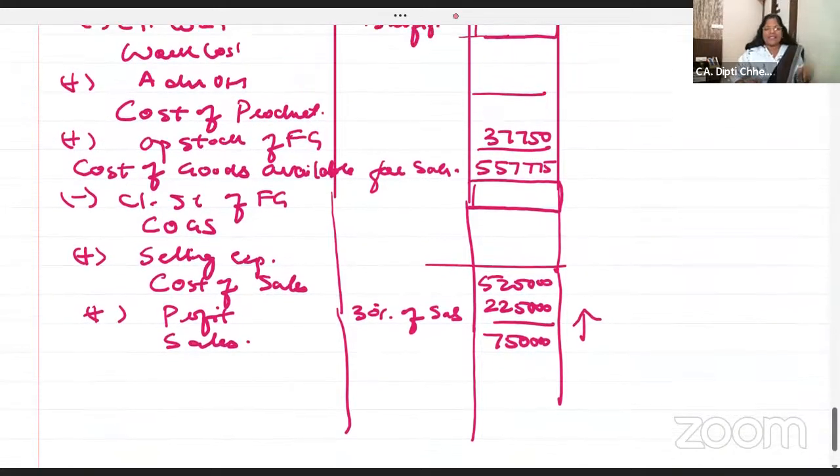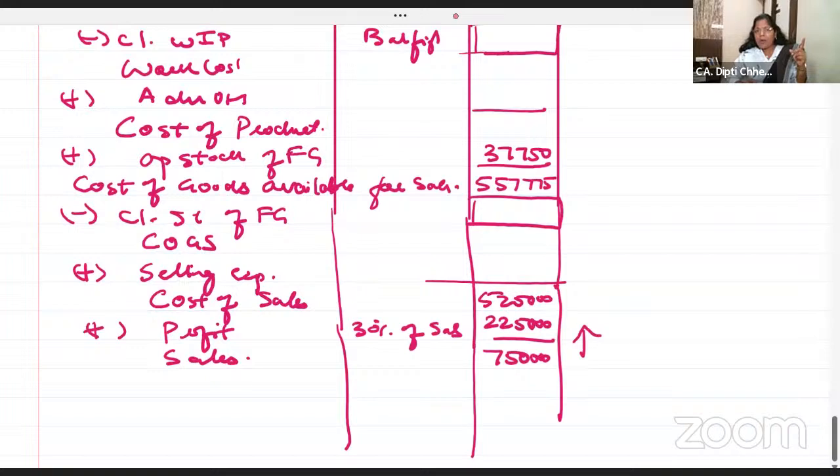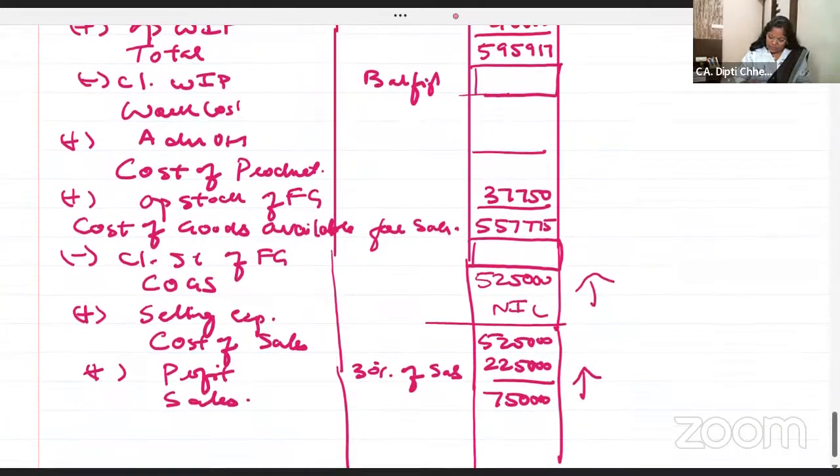Now no hint is given. You remember the first problem they gave you percentage. So we got selling expenses. Another problem they gave you selling expenses per unit. Now nothing is given. So nil. Can I say cost of sales and cost of goods sold is same? 5,25,000. Nil. As nothing is given in the question.